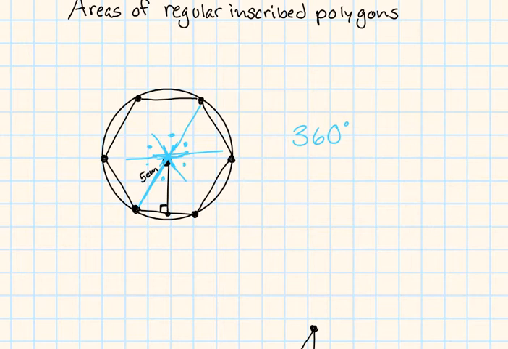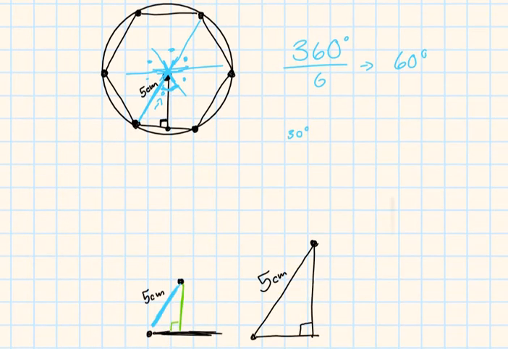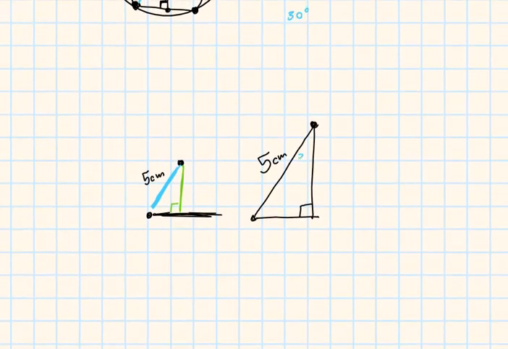So each one of those central angles is going to be 60 degrees. However, this angle is going to be exactly half that. So in each one of these right triangles, this is a 30-degree angle, which makes this a 60-degree angle down in the bottom left.